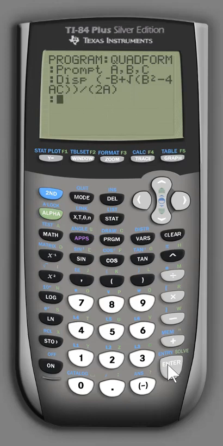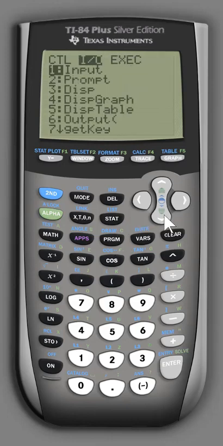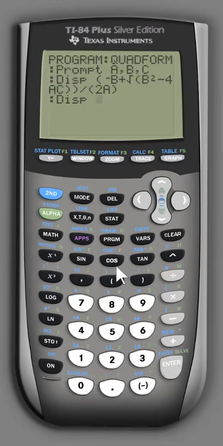I also want to display the root where it's negative b minus the square root. So I now go to Program, come over to Input, Output. I want to display, so I'll come down to option 3 and press Enter. And now I'm going to do parentheses, negative alpha b subtract the square root, parentheses, of alpha b squared, and that's going to be minus 4 alpha a alpha c.